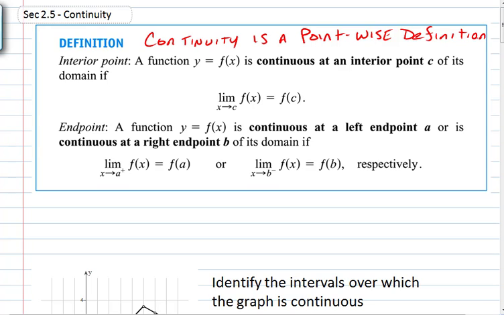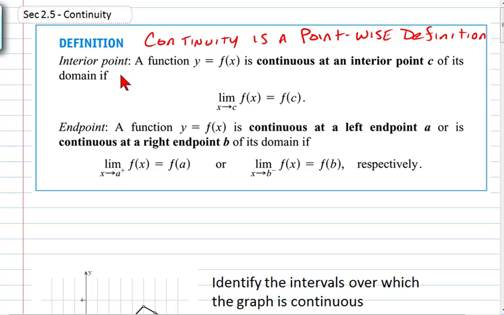When we start looking at doing a lot of proofs in the higher mathematics courses, you need to understand the definition of continuity and know that it applies to a point, not an interval. Although we look at an interval to tell if the function's continuous at a point.